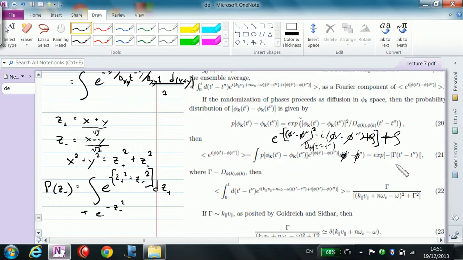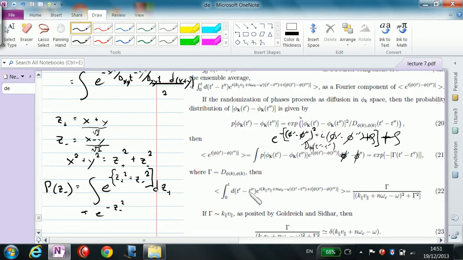Okay, so now if I do this integral, all this, this is the integral over delta t.